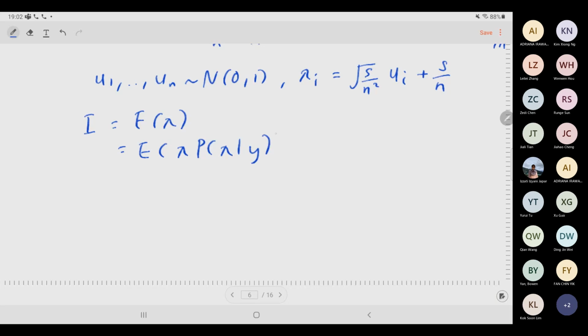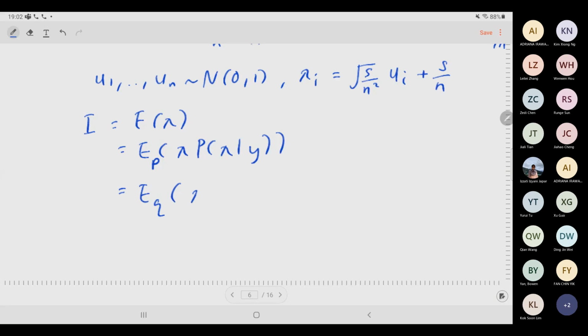This is the original, against your posterior, your P. But now if we were to use our Q, it would be an expression against Q.